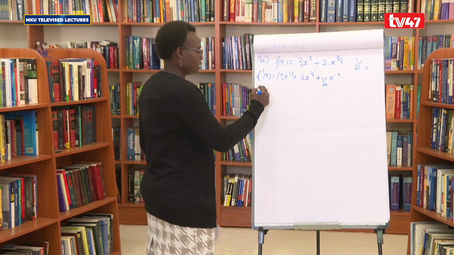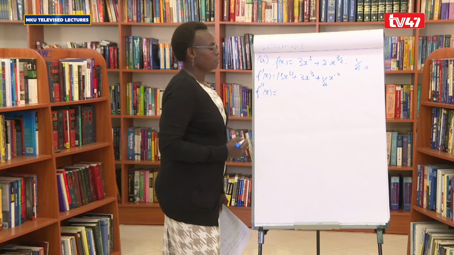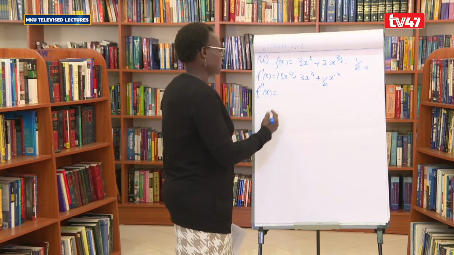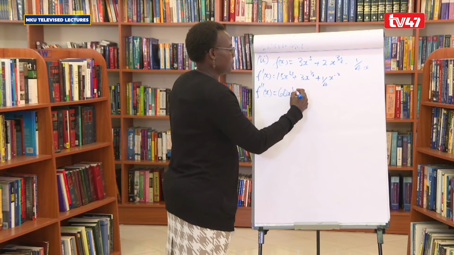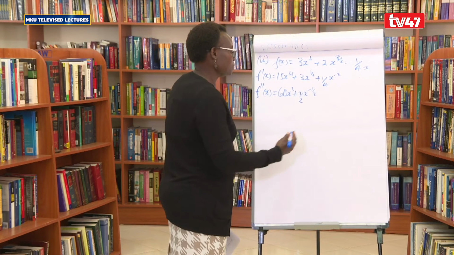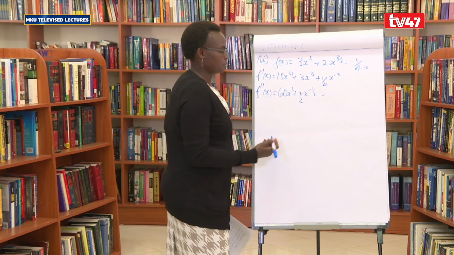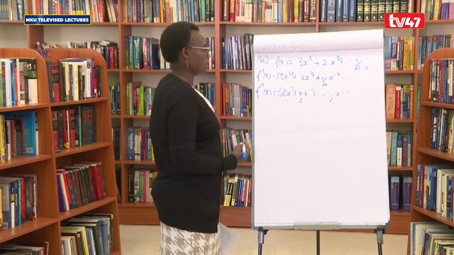And then we get the second derivative of this. This will give us 16 x raised to power 3 plus 3 over 2 x raised to power a half minus a half x raised to power negative 3.